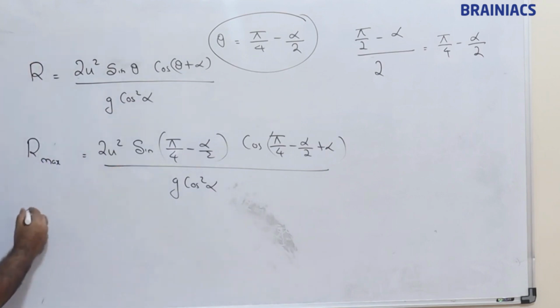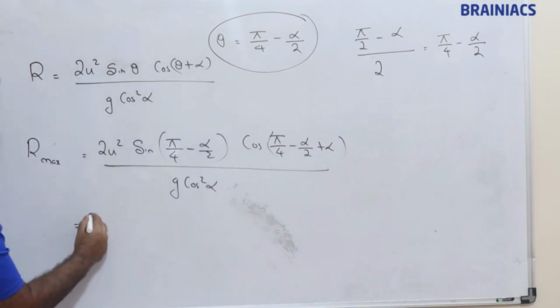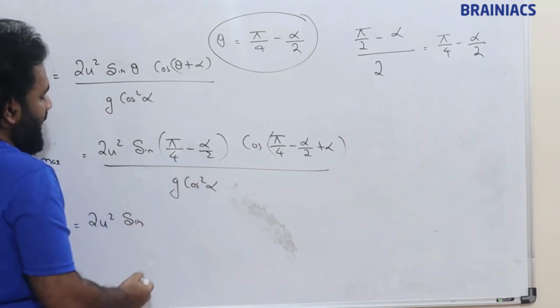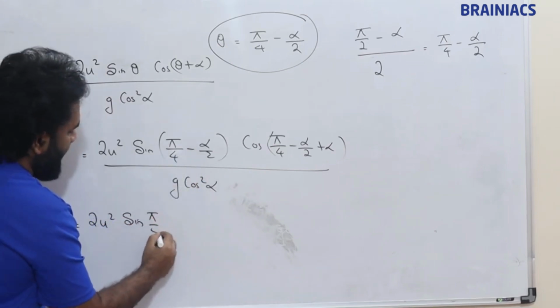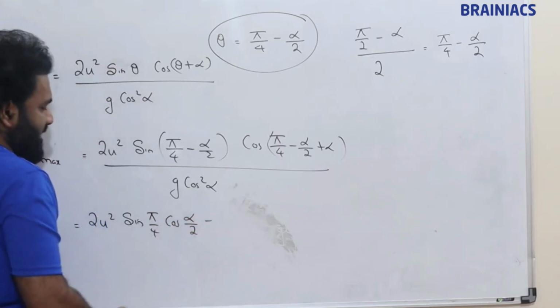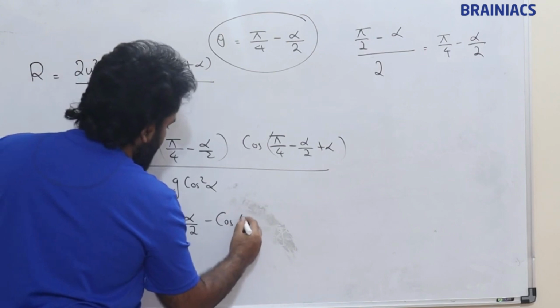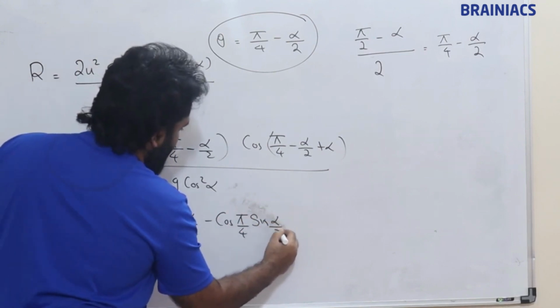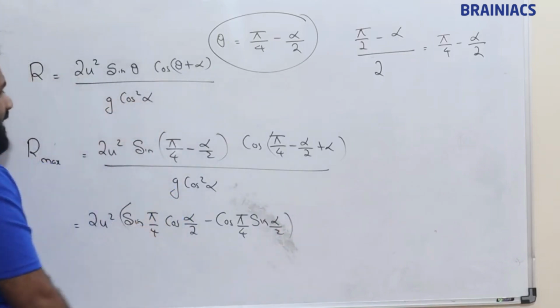Now we'll expand this. Sin A minus B gives sin pi by 4 cos alpha by 2 minus cos pi by 4 sin alpha by 2, one term.